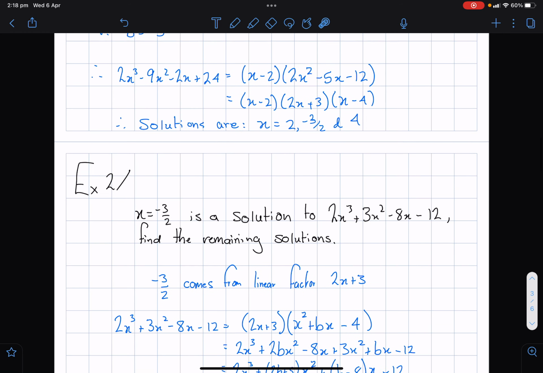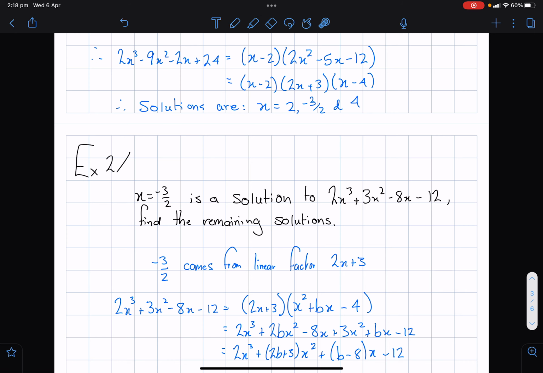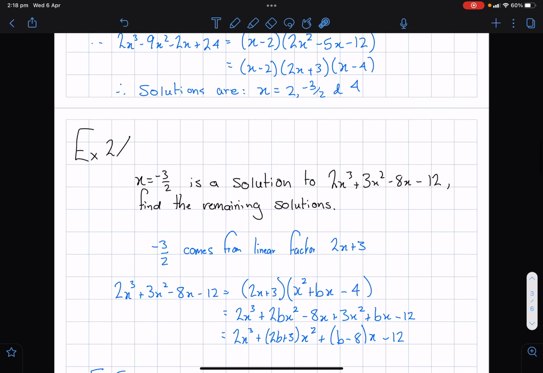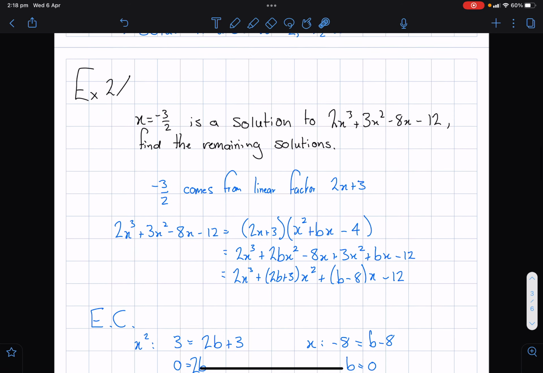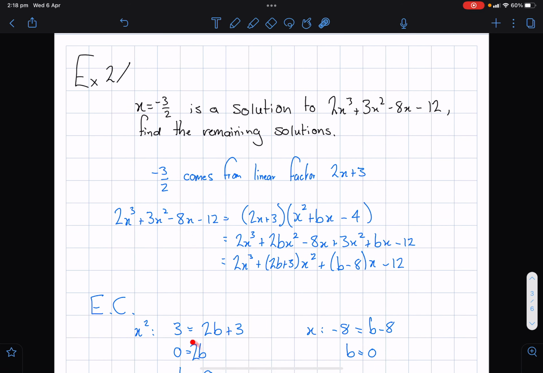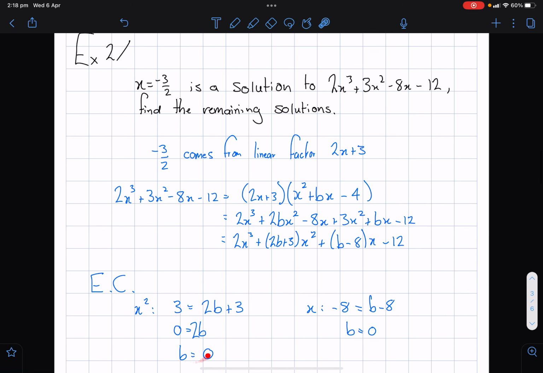Expanding that out like we did above and collecting our coefficients, we're going to equate our coefficients. For x squared, 3 has to equal 2b plus 3. So you'll find that 2b equals 0, therefore b equals 0. We can do a check with the x term: negative 8 has to equal b, take 8. Add 8 to both sides, and b equals 0 again.